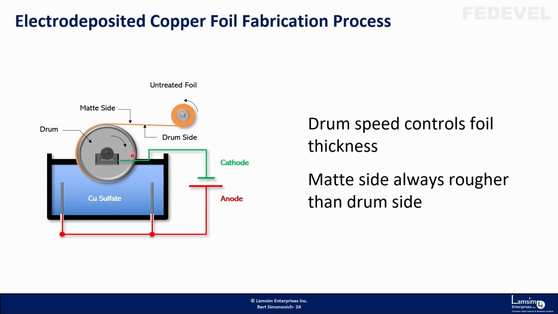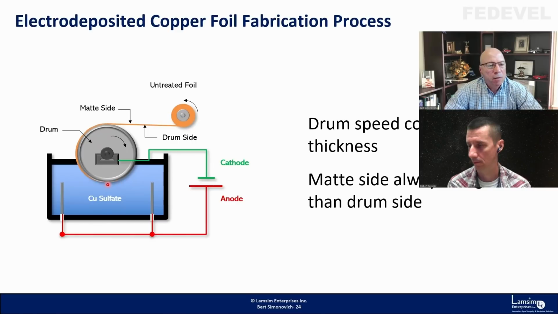And the drum is slowly rotating, and they've applied a voltage between the cathode of the drum and the solution. As it's rotating, the copper gets electrodeposited from the solution onto the drum itself as it turns, and gets peeled away and then coiled up into a spool.